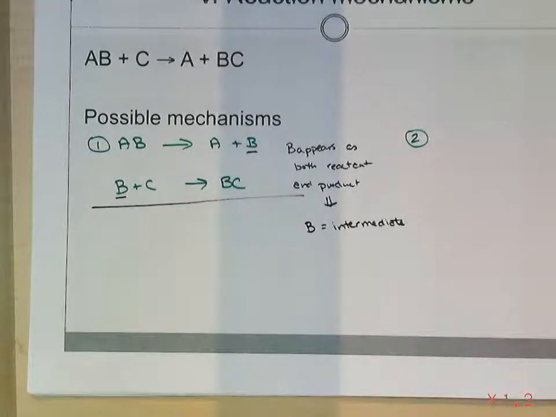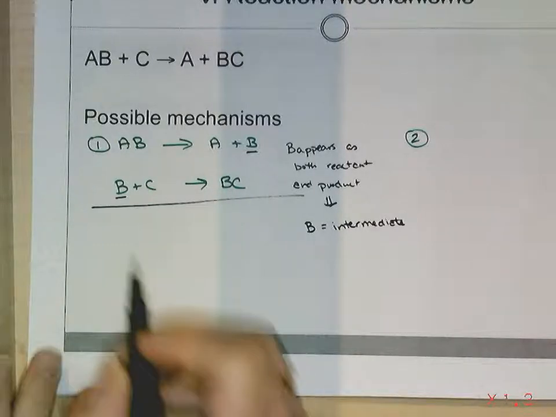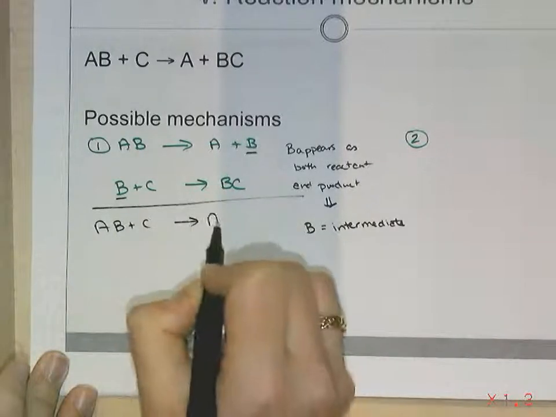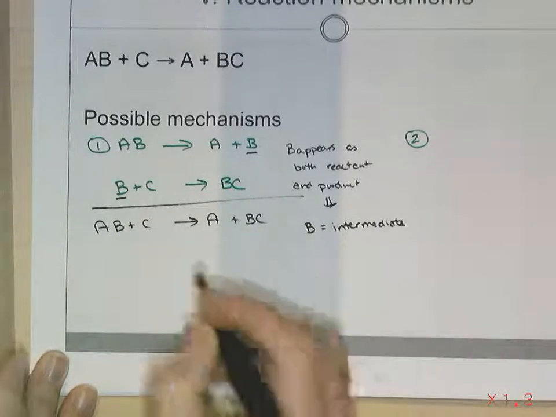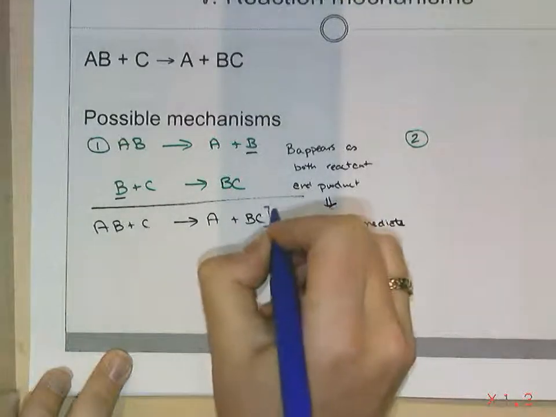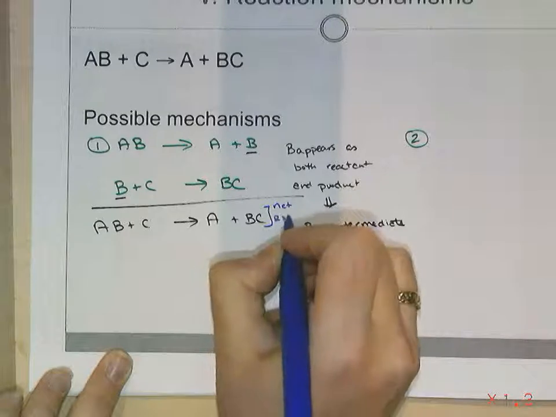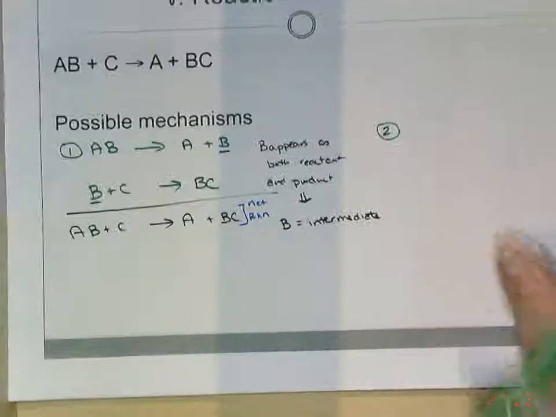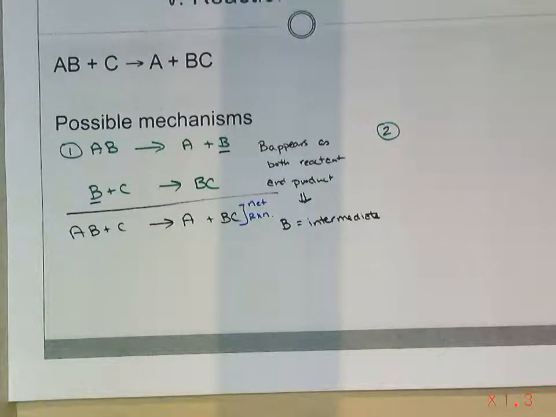Right, because it doesn't stay. I don't have B left in the end. My net reaction would be what I'm looking for. All right, that's my net reaction where the B's cancel out top and bottom. I can add them back together. All right, that is one way this reaction could go forward. That's option A for 1.